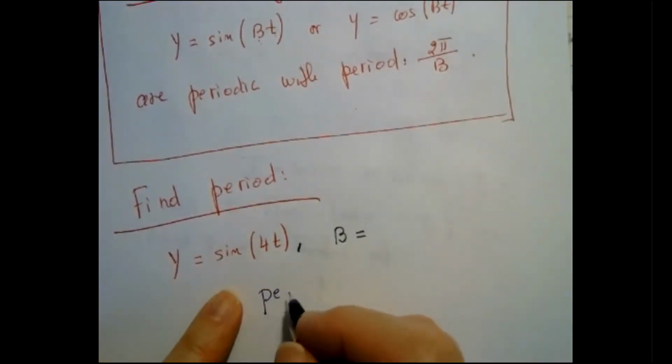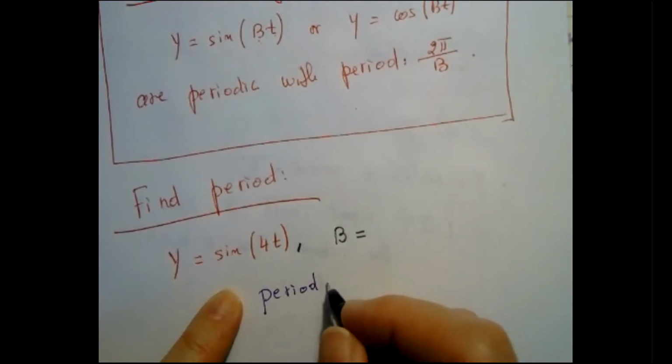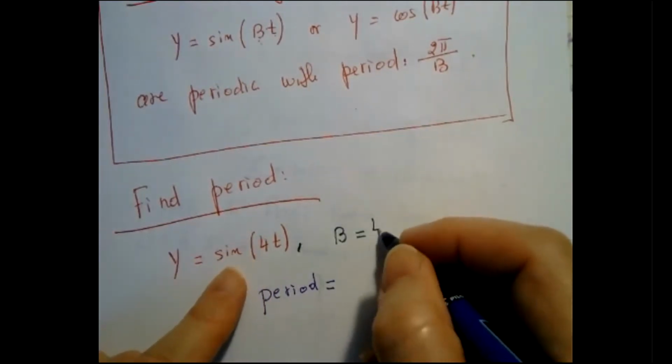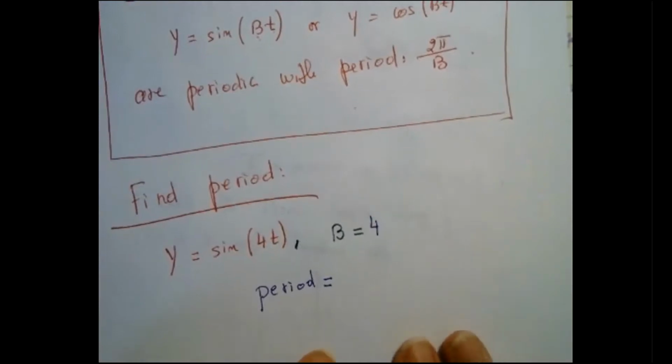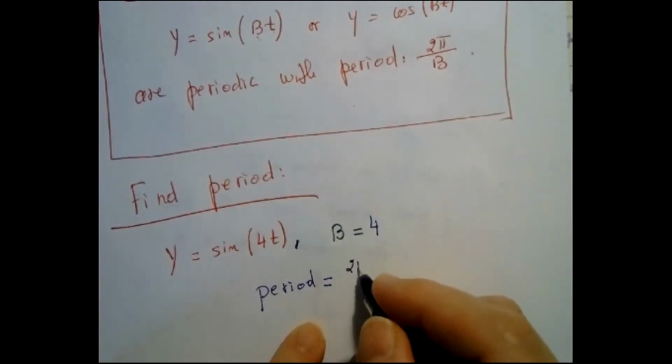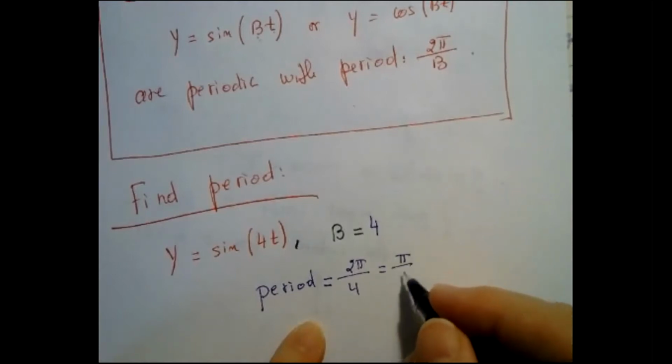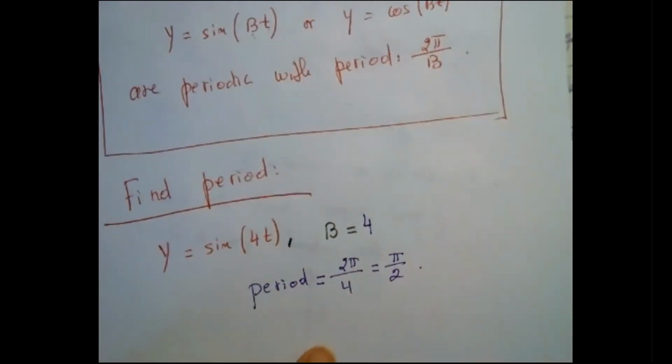Quickly, let us see. So what are we multiplying t by? In this scenario, my b is equal to 4. Now my period is 2 pi over 4, or pi over 2.